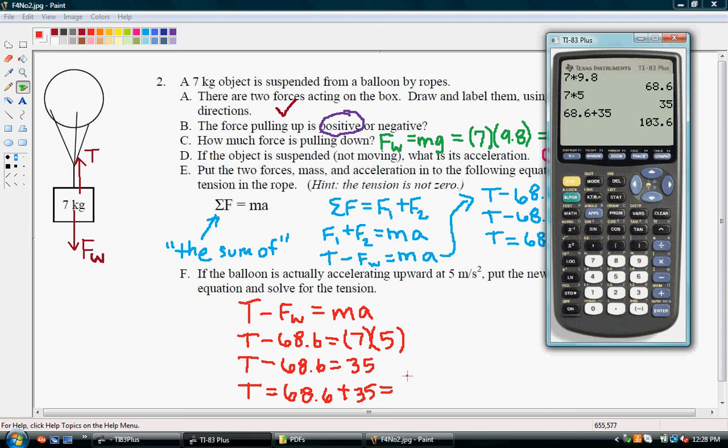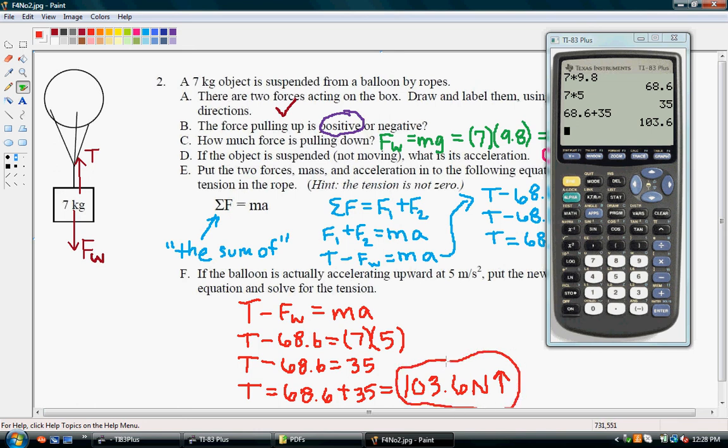So we know that the new tension in the rope is 103.6 newtons. And since it's tension and it's pulling up on the object, it's going to be 103.6 newtons up.